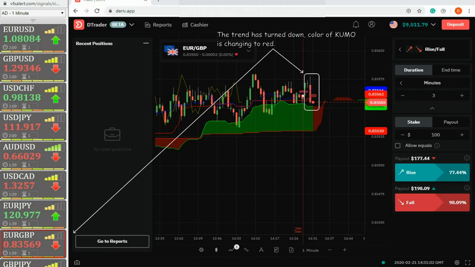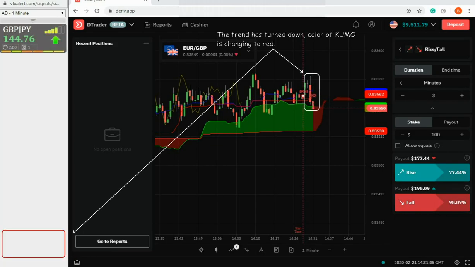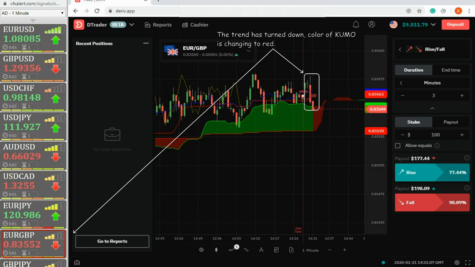The euro pound. The trend has turned down. The color of Kumo is changing to red. The second fall option.